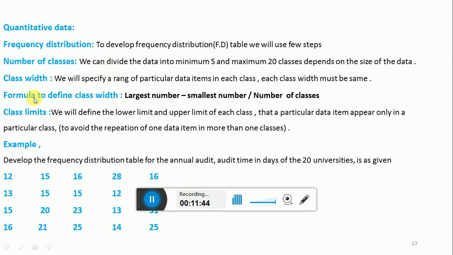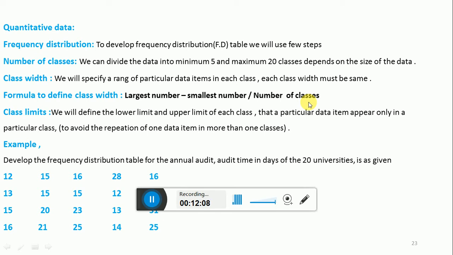We have a formula to define class width: the largest number of the data set minus the smallest number of the data set, divided by the total number of classes. The statistician will subtract the smallest value of the data set from the largest value of the data set, and then the difference will be divided by the number of classes.